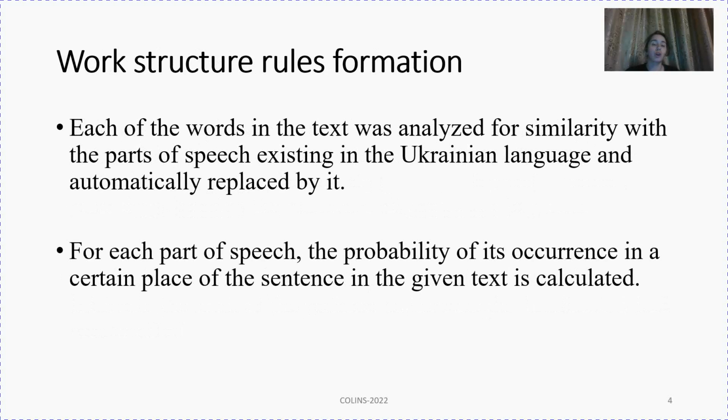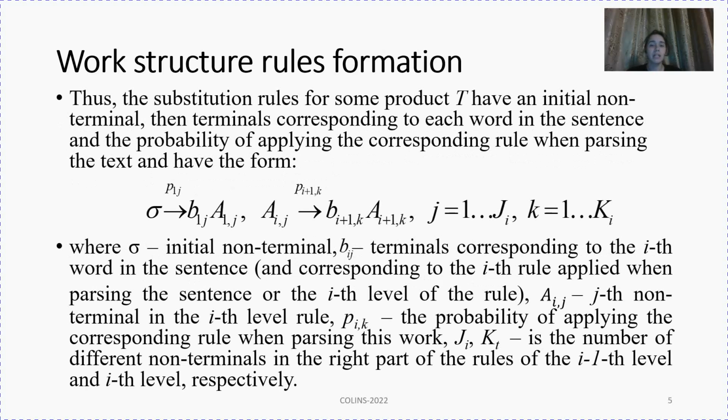How did we form the rules? First of all, each word in a text is replaced with the part of speech to which it belongs. After that, the probability of its appearance in a specific place of the sentence in the text is calculated. Each rule shows the transition from the word to the next one and its probability.